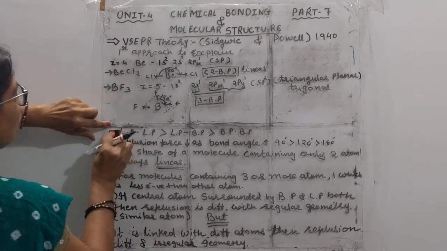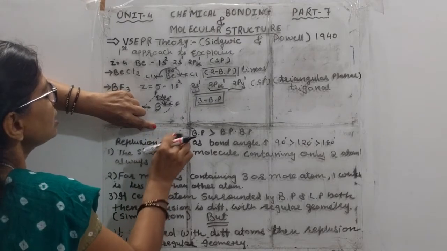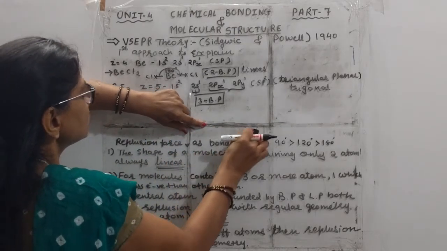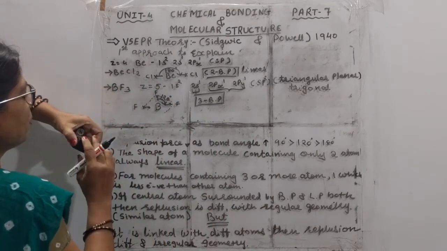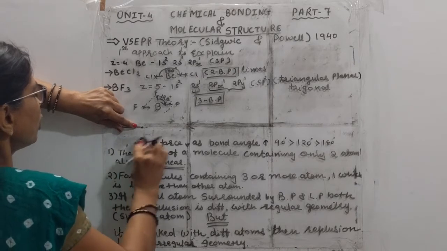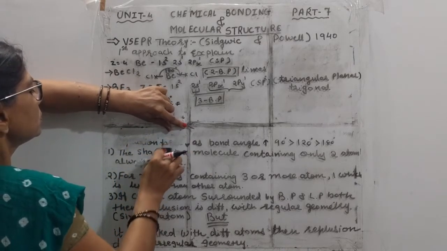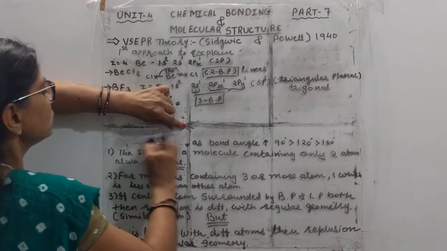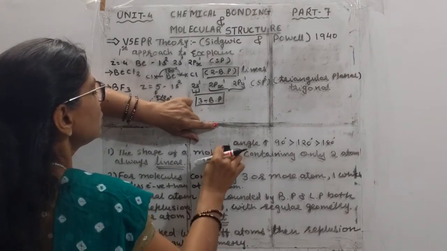Okay student, now we'll go with the next example, as it has 4 bond pairs.